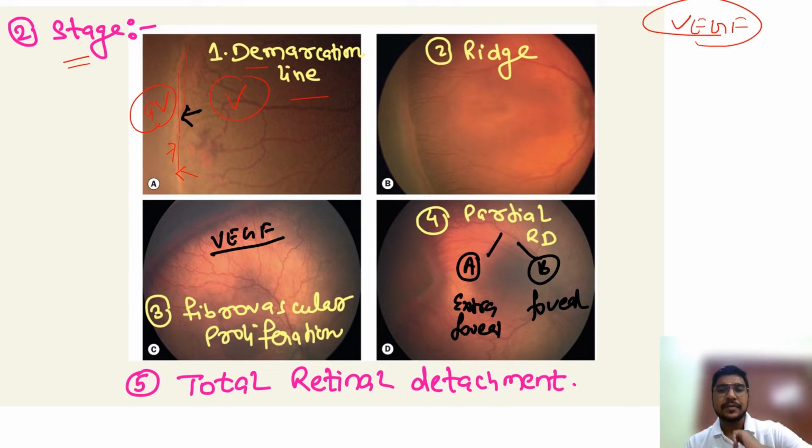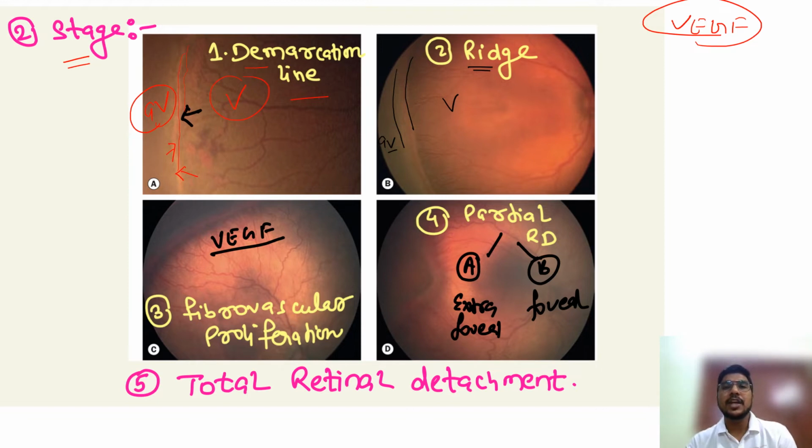Now, just see here, at the junction of the vascular and avascular retina, where the demarcation line was, there is a ridge formation. Means the retinal portion has become elevated to some extent, and this has become a ridge. Now this is the second stage.